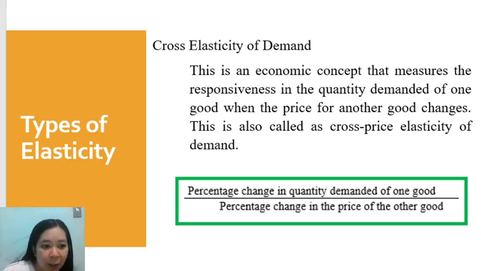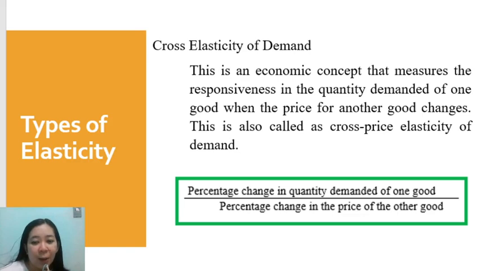Okay, so we can now go to the third classification. We have here cross elasticity of demand. This is an economic concept that measures the responsiveness in the quantity demanded of one good when the price of another good changes. This is also called cross price elasticity of demand.